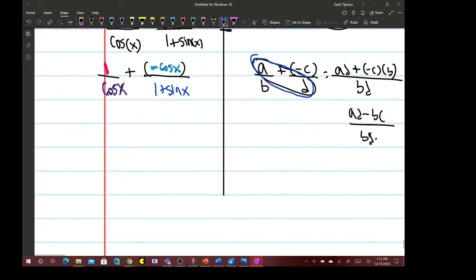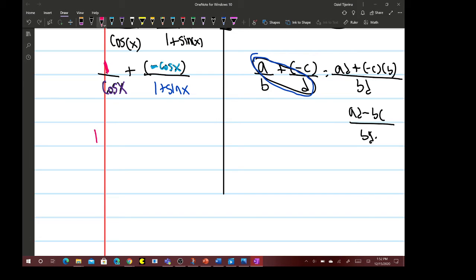So I can say 1 times 1 plus sine x, and then plus negative cosine x times the cosine x, which is the purple one, all over the cosine x times 1 plus sine x. This will be 1 plus sine x.